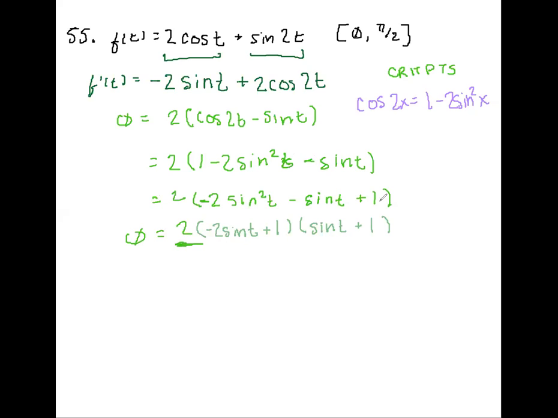But negative 2 sine t plus 1 can equal 0. And sine t plus 1 can equal 0. So this is going to be, yeah, sine t is equal to negative 1.